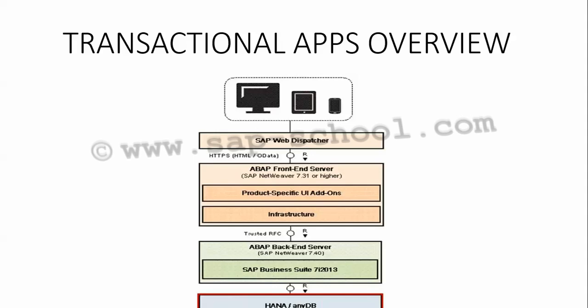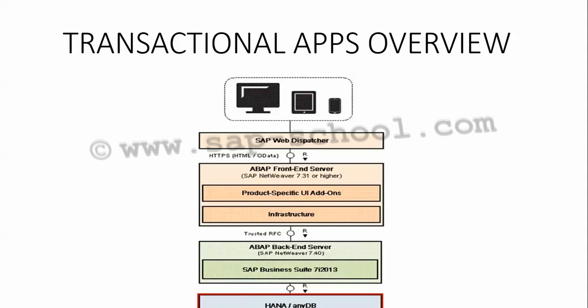So these apps represent simplified views and interaction with the existing business processes. My transactional apps run best on an SAP HANA database, but can also be ported to other databases with acceptable performance.